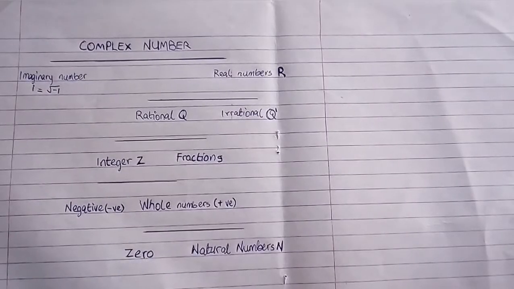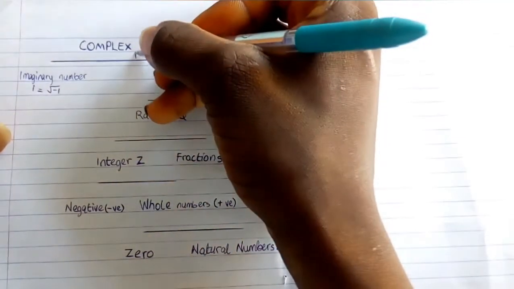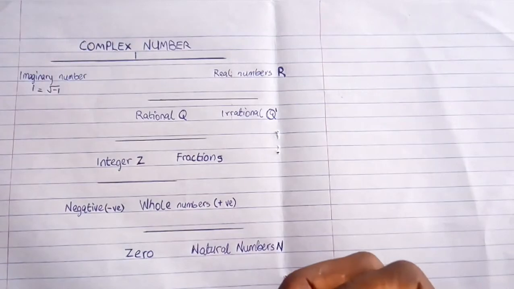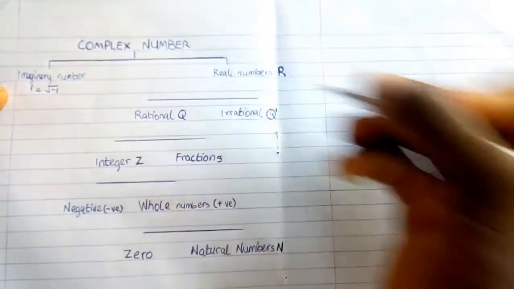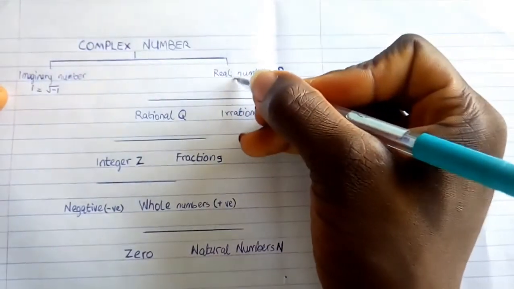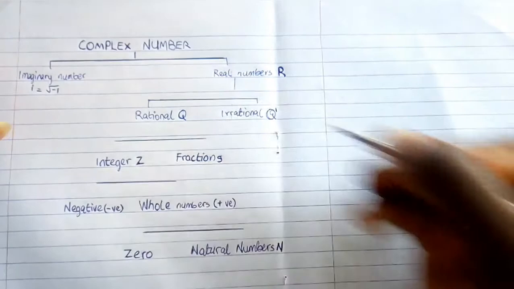If you look at this chart now, you notice that there is a relationship from the complex numbers down to the natural numbers. We have the complex numbers comprising the imaginary and real numbers. Then from real numbers, remember we have the rational and the irrational.